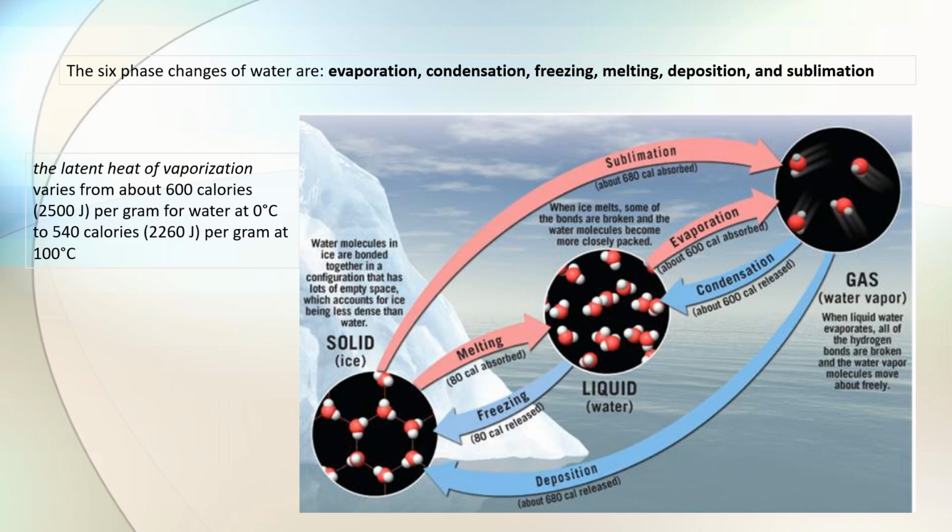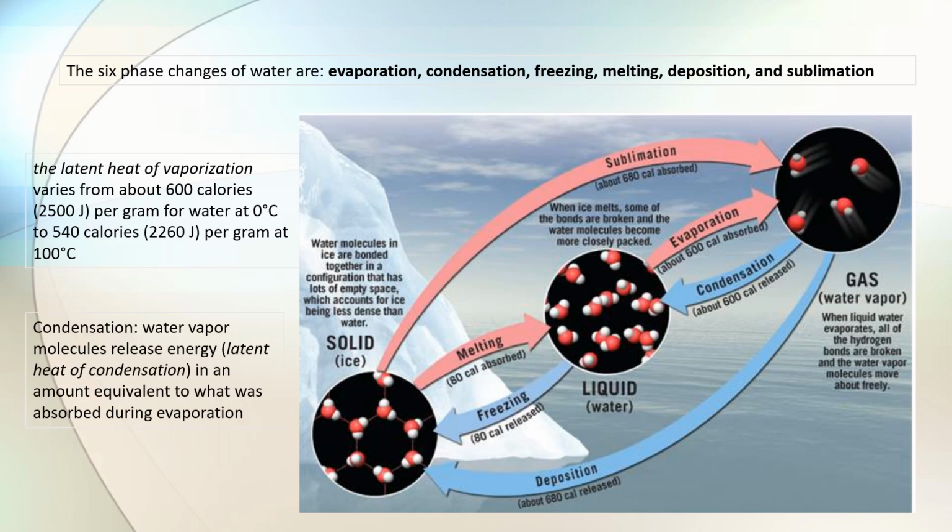And here we also have the latent heat of vaporization. For evaporation, the latent heat varies from 600 calories per gram of water at 0 degrees Celsius to 540 calories per gram at 100 degrees Celsius. That's the energy we need to make the water evaporate.